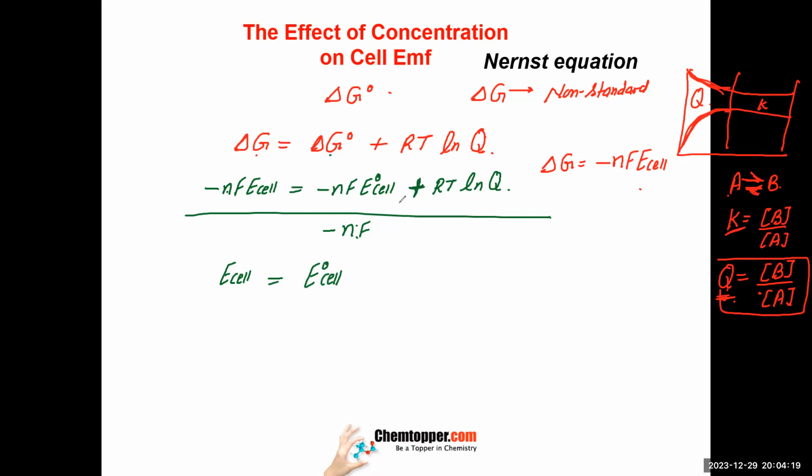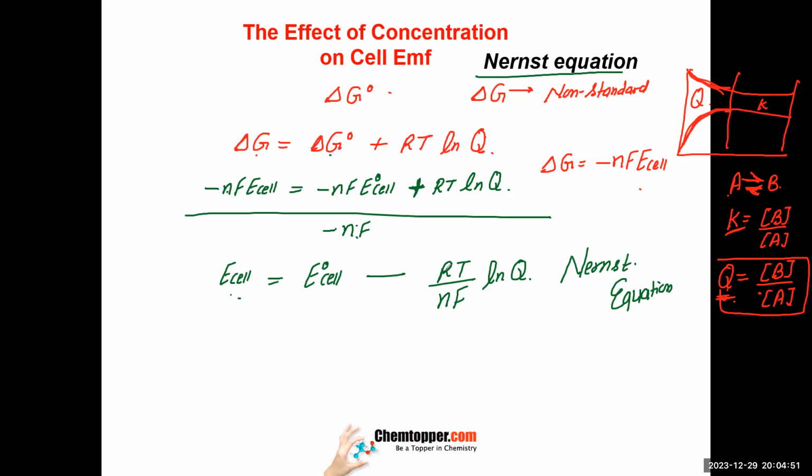This plus will become minus, minus RT over NF ln Q. This is Nernst equation. This equation is used to calculate the E cell for non-standard conditions when the concentrations are not 1 molar.